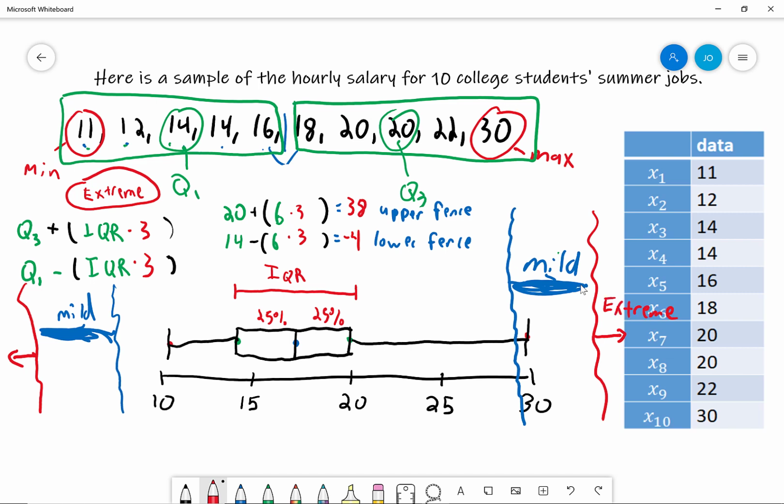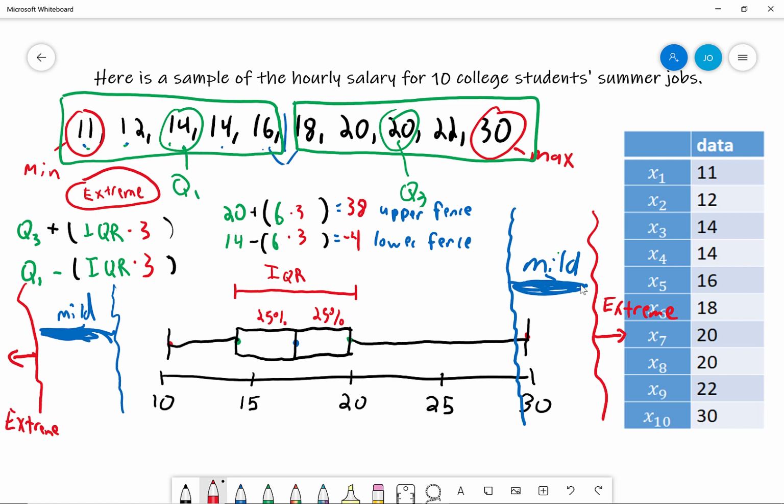Right? Extreme. And the type of outlier or outliers you have may affect how you analyze the data. So it's very important to distinguish the difference between mild and extreme outliers.